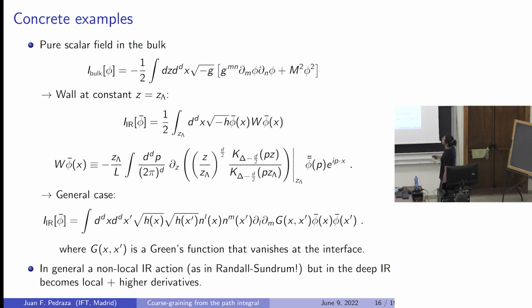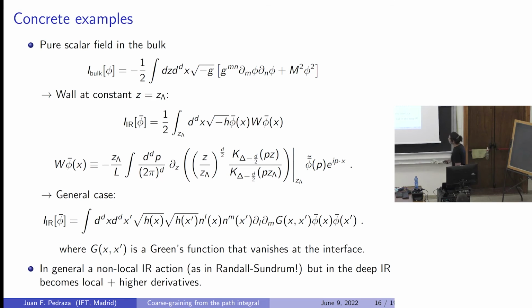You already see that this is non-local, as I was advertising. But if you generalize this to not a constant, but an arbitrary shape, what ends up happening is that you can write it generally in this form, where this G is a bulk Green's function that vanishes at the position of the interface. So here you can already see this bilocal form that I was advertising.